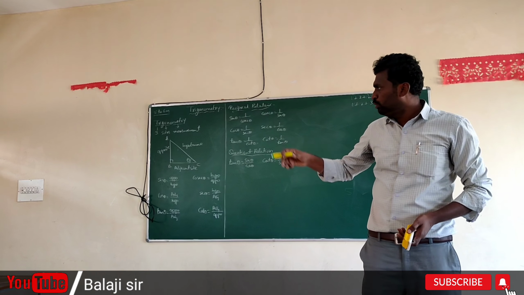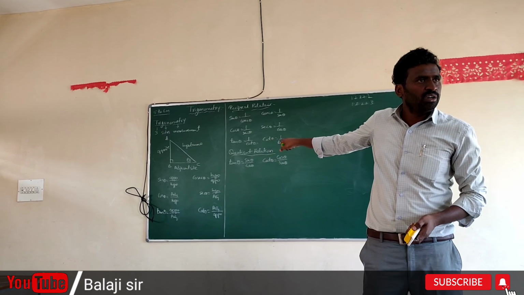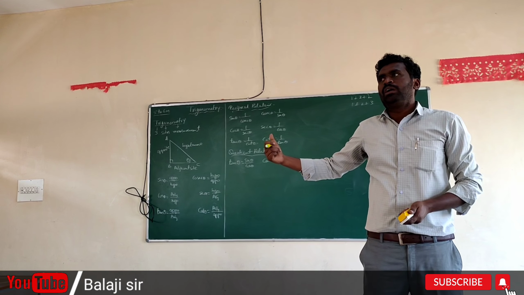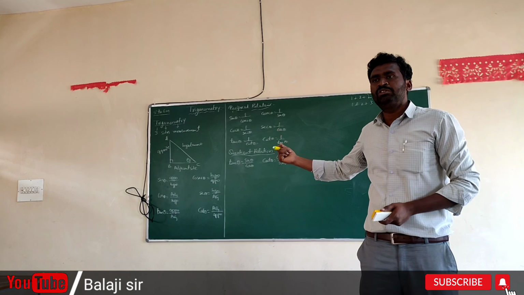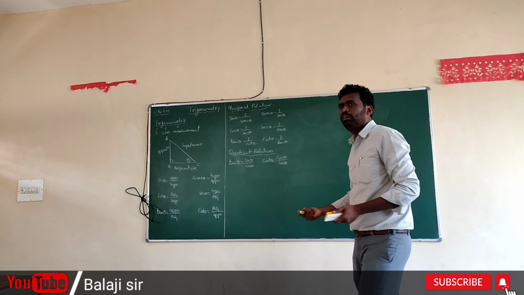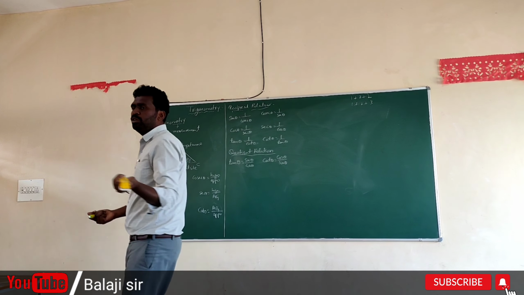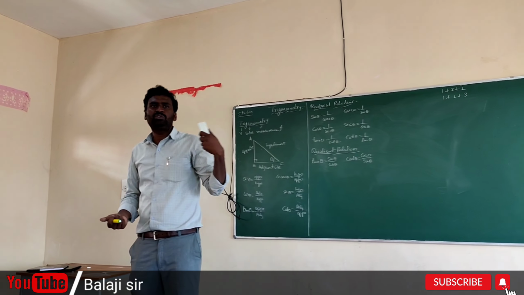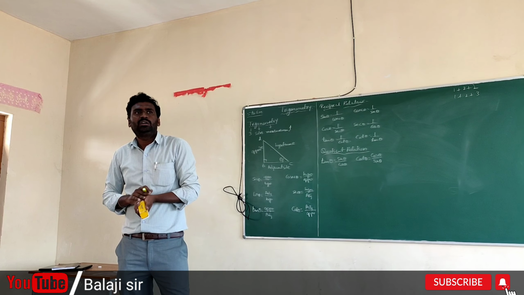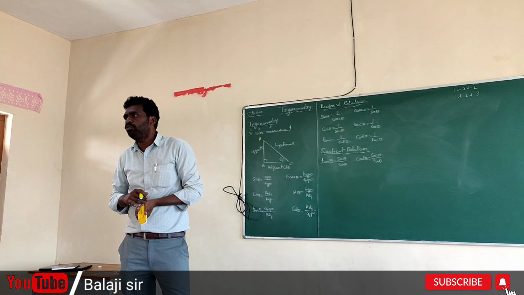Because nothing is there. If you know all these relations, you are able to solve the problem. I am going to take the examples also right now. How many marks can be asked on what we have just learned? 1 to 2 marks in the annual examination. 1 mark means a direct question, and 2 marks means I will tell you how he is going to ask.